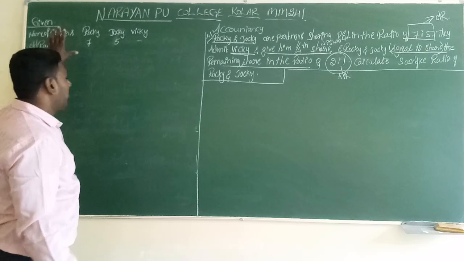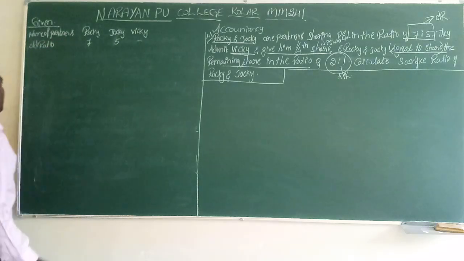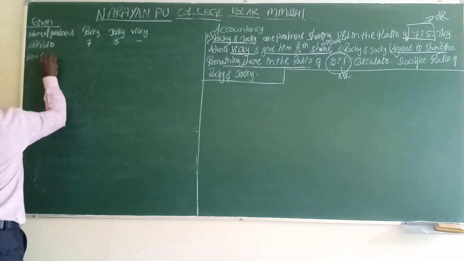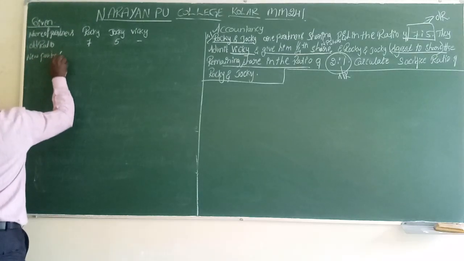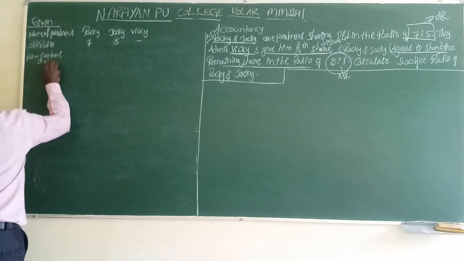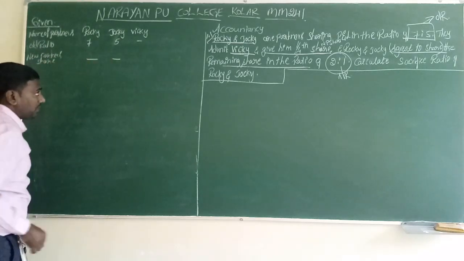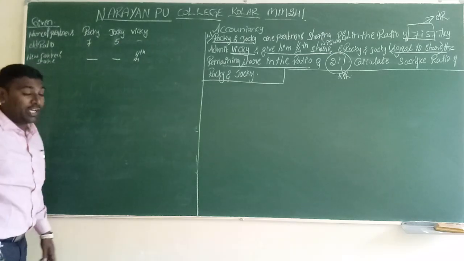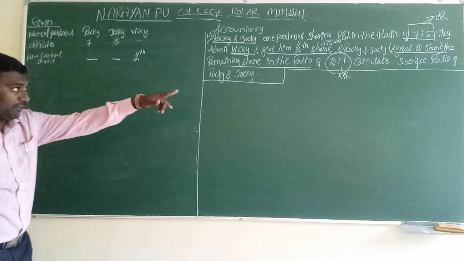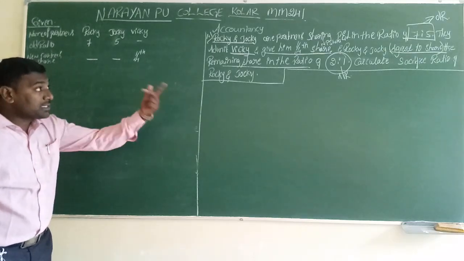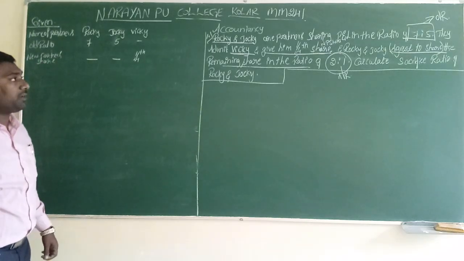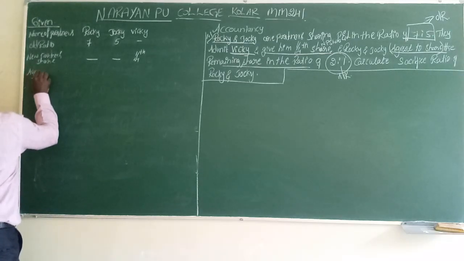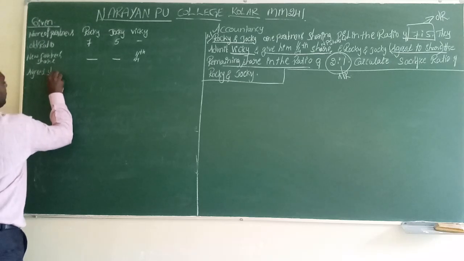In step number 1, first we record the given information, and also the new partner's share. Here the new partner is Vicky, and for Vicky they are given 1/4 share. That is the information available in our question. Besides that, one more thing they are given, which is called the agreed share.